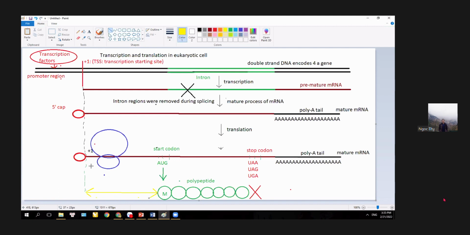So the mRNA, which is the transcription starting site, was in this position, but the ribosome will not start to synthesize the polypeptide until it reaches the start codon. So this is the translation starting site, and this is the transcription starting site. This region of mRNA was transcribed but not translated. So that's why we call it the 5' UTR.